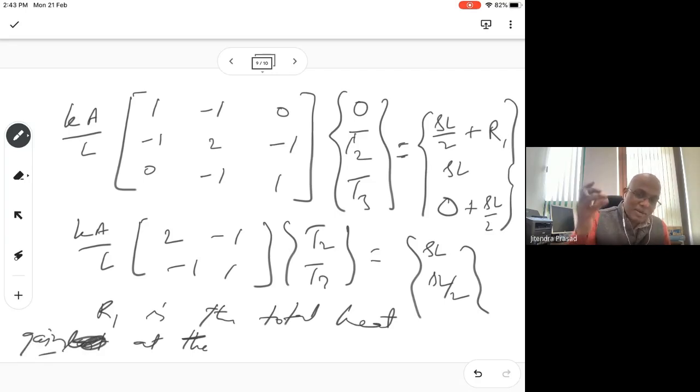Because you have a heat source and somewhere heat has to be lost, otherwise it cannot maintain temperature. So you get Q here, R1 is minus, so when you get minus it will be lost basically, but R1 is the total heat gain. Let me write it at node 1. If you get a negative number, that means it is losing. Yeah, any question, guys?